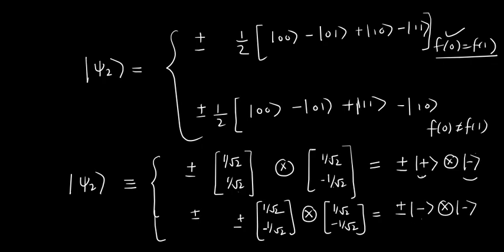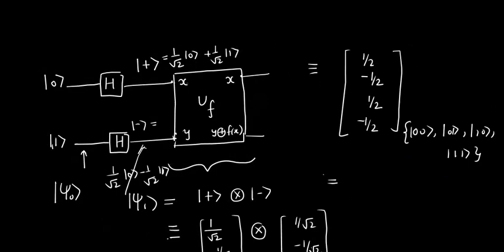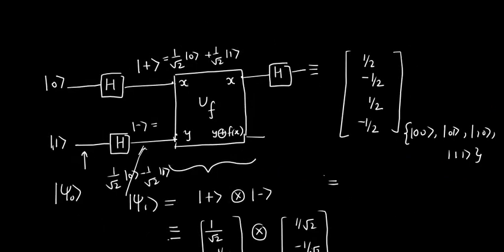So what Deutsch did was put a Hadamard gate on the first qubit, and on the second qubit we have not done anything.